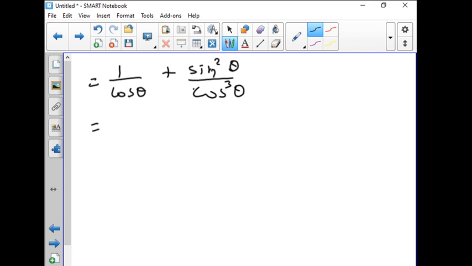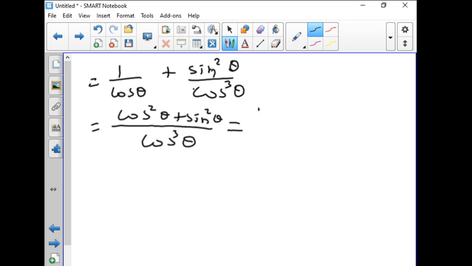So what is the LCM? Cos cube theta is the LCM. So you get cos square theta plus sin square theta over cos cube theta, which is equal to 1 by cos cube theta, which is secant cube theta. But what is secant theta?